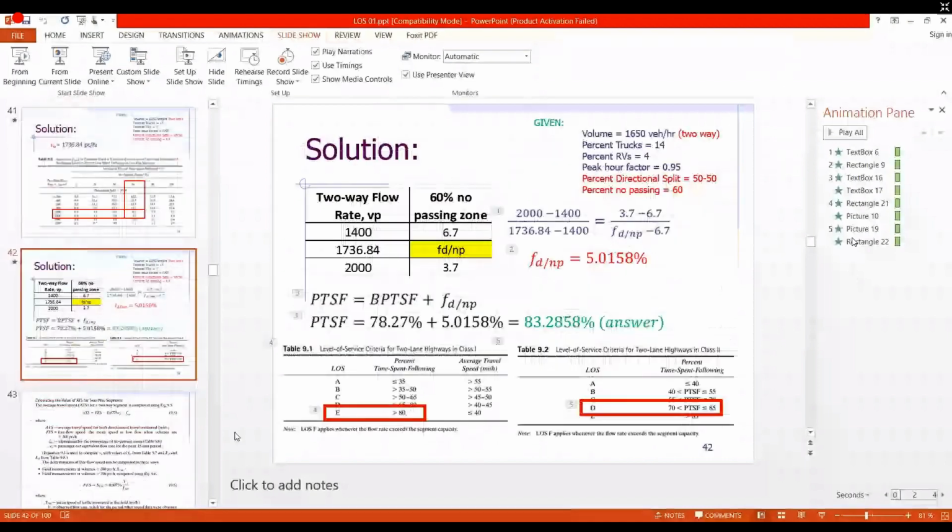Punta muna ako sa dito. Then, any questions muna? Questions. Pwede mo i-type yung question or you can unmute yourself and then sabihin mo yung question. Sige, patanong muna ng question.